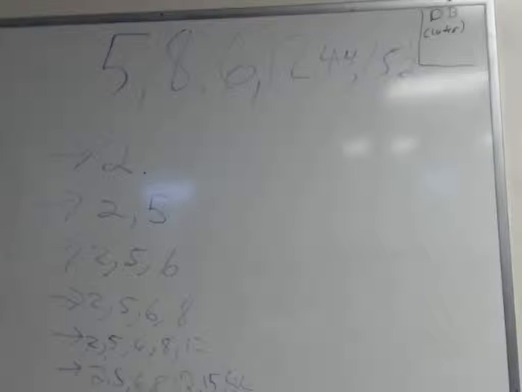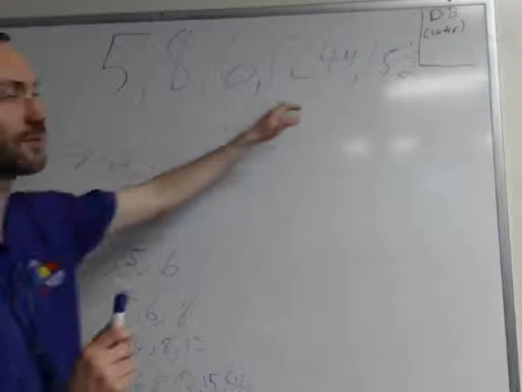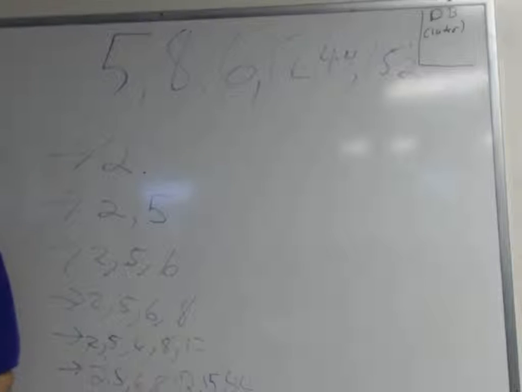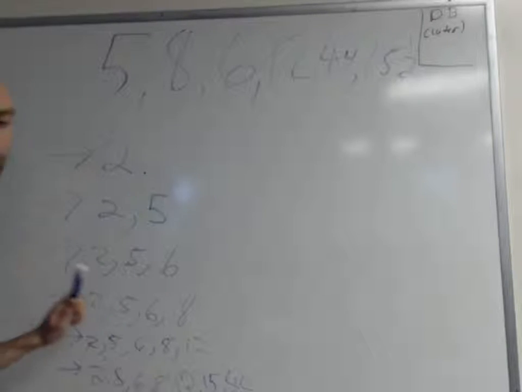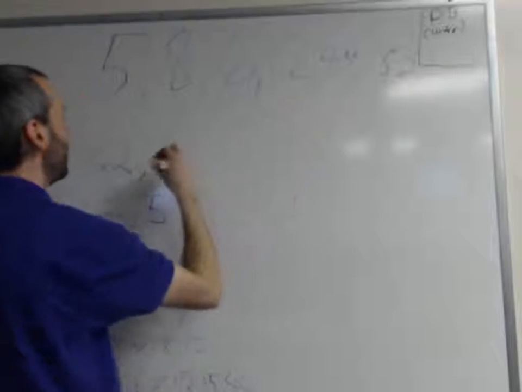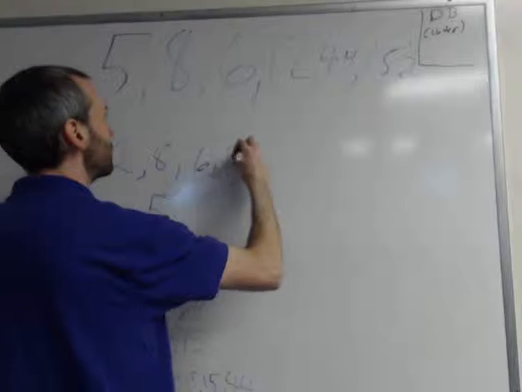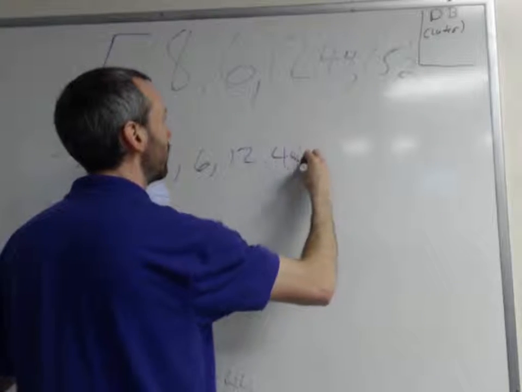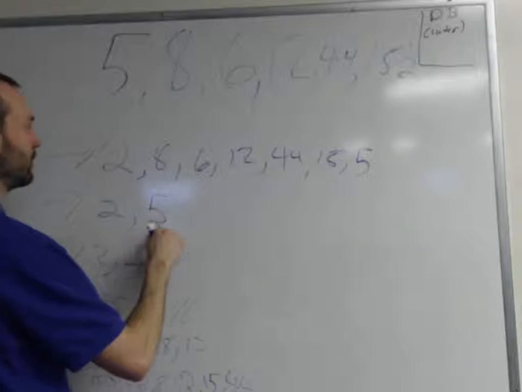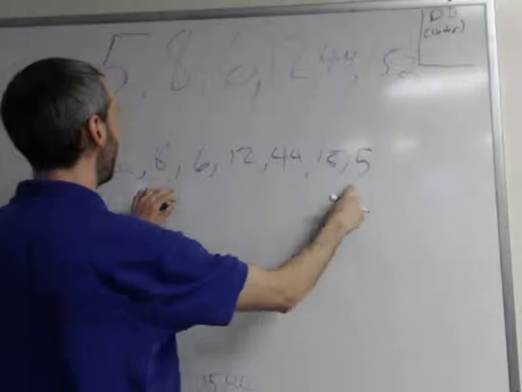Now, that is for comparisons, right? How about for swaps? Now, I didn't exactly write this out completely, so let me back up and show you what's actually going on. Here at this point, you just swap the 2 and the 5. So you'd have 2, 8, 6, 12, 44, 15, 5. And then you swap the 5 and the 8.